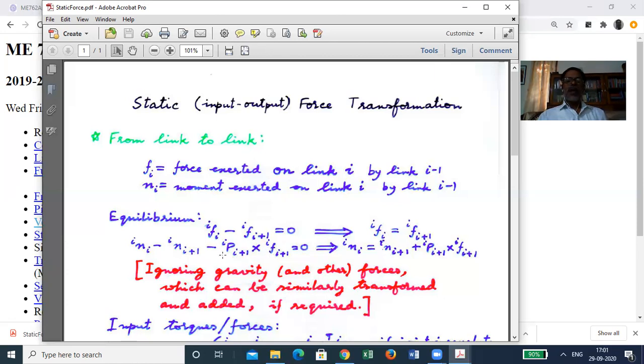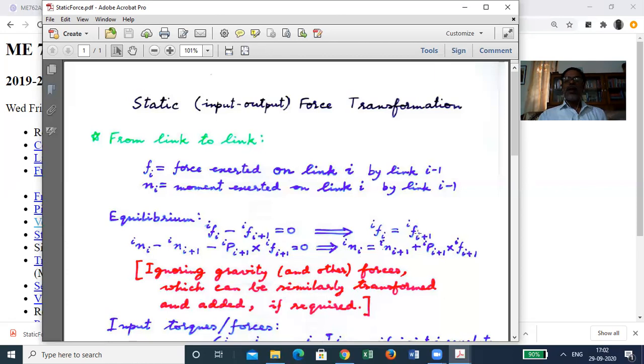Since this force is minus F_i+1, the moment of the force is this position vector cross minus F_i+1. And this is equal to 0. And that means I, N_i, the superscript is common, so it doesn't matter. It is the frame of reference. So N_i is this.